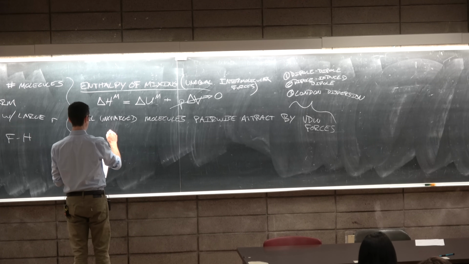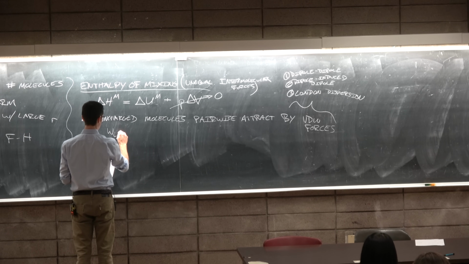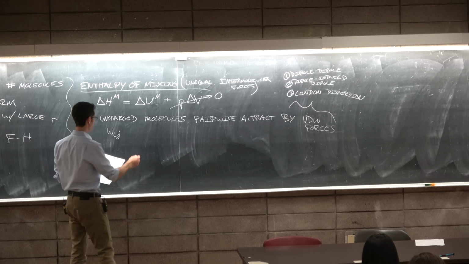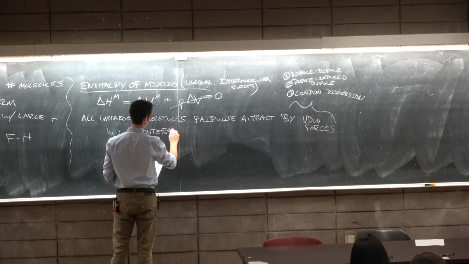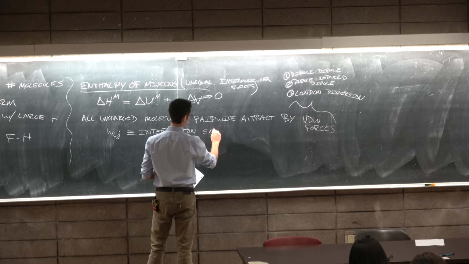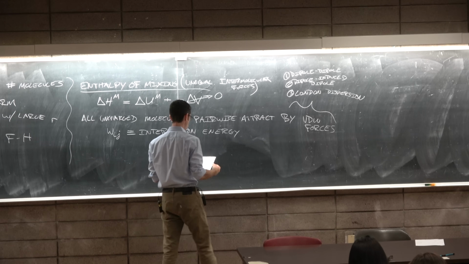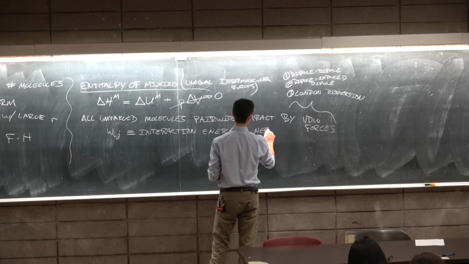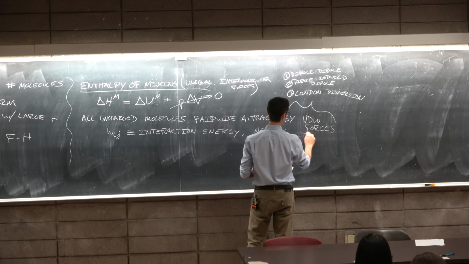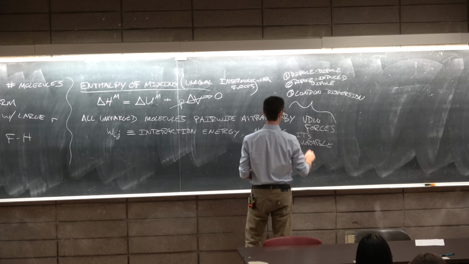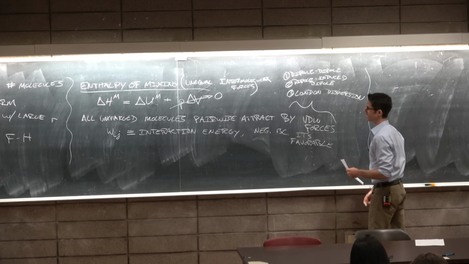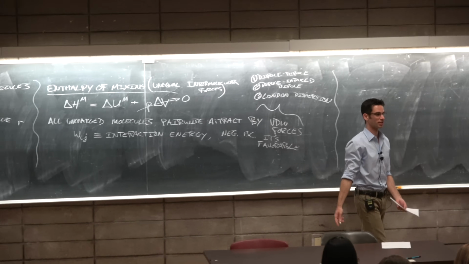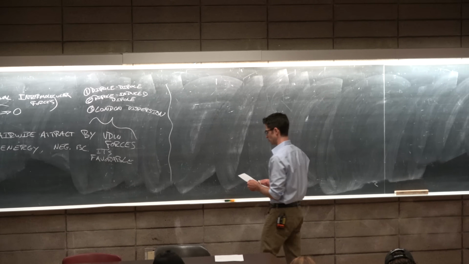So we're going to call these W, I, and J, which is the interaction energy, which is negative because it's favorable. And I and J are two different molecules. There's the ith type of molecule and the jth type of molecule.